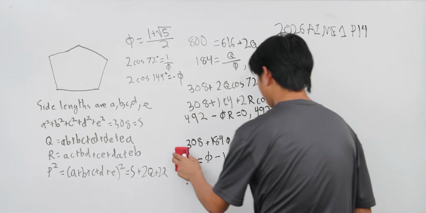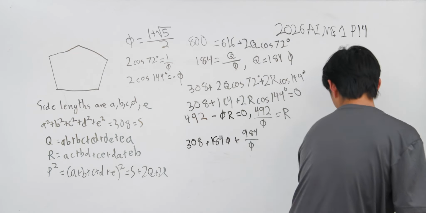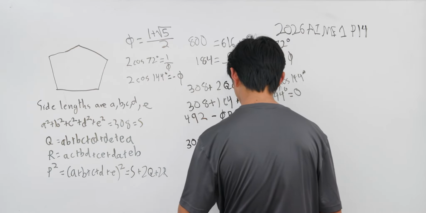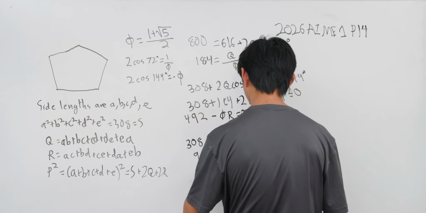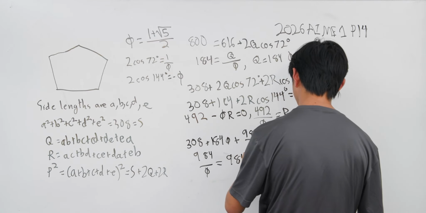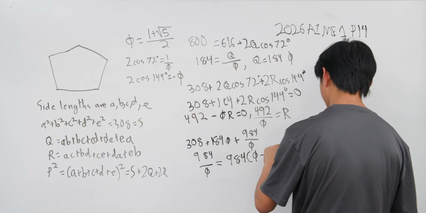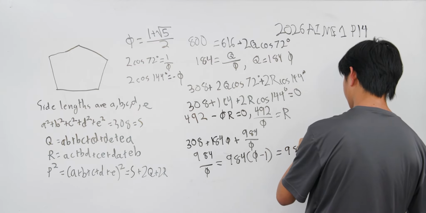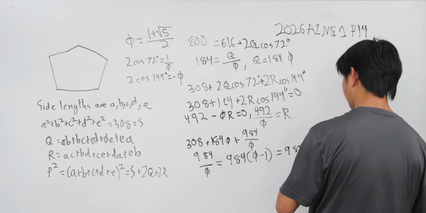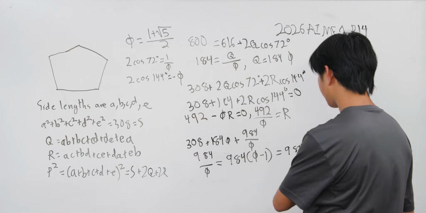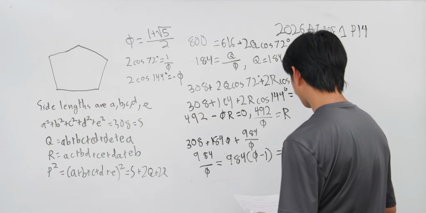Then 984 over phi is equal to 984 times phi minus 1, which is 984 phi minus 984. And then this just becomes a lot simpler, right?